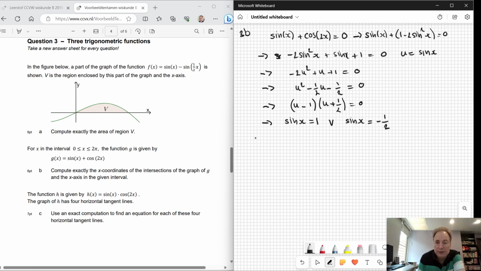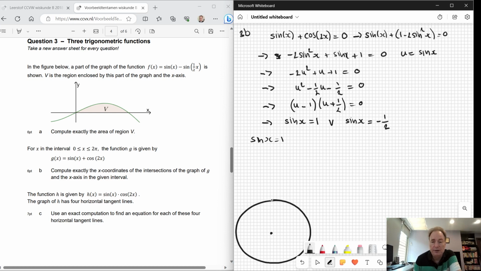So let's look at the first one. The sine of x is 1. And let's actually draw a unit circle. The sine is the projection on the y-axis.